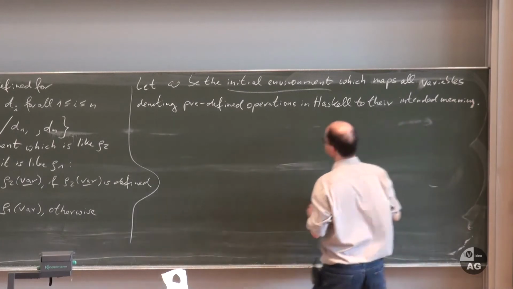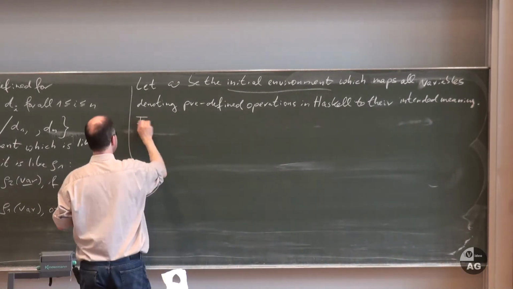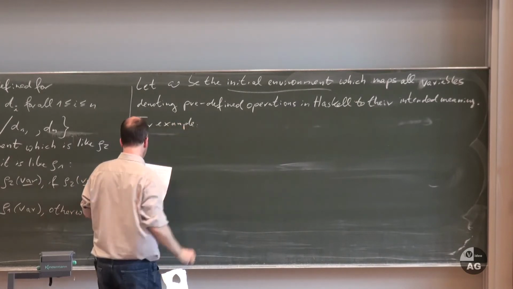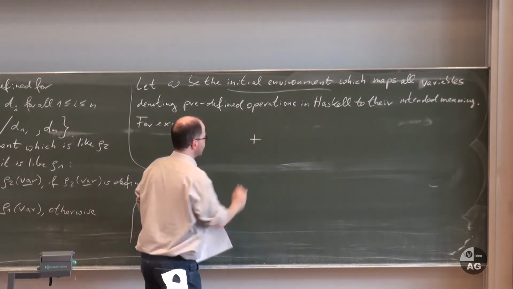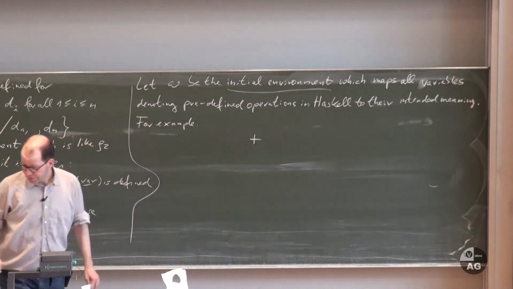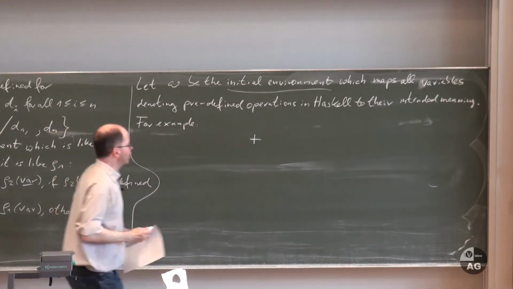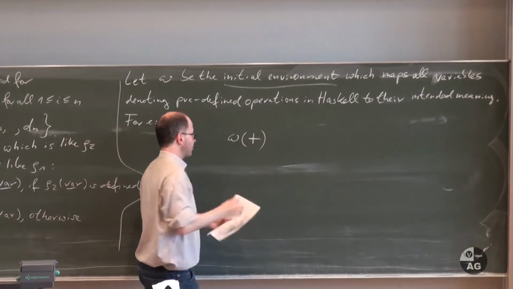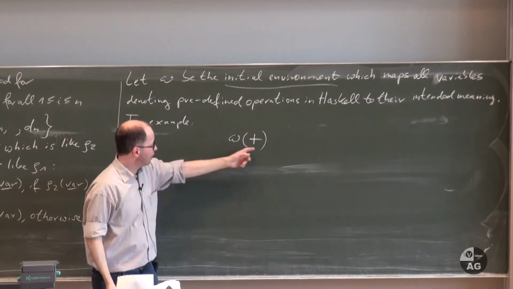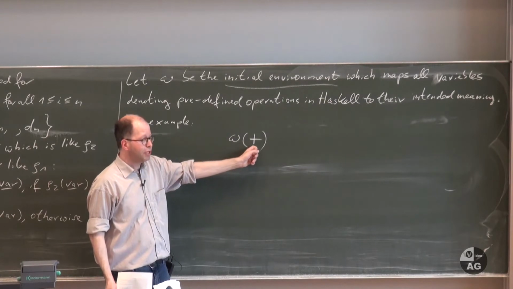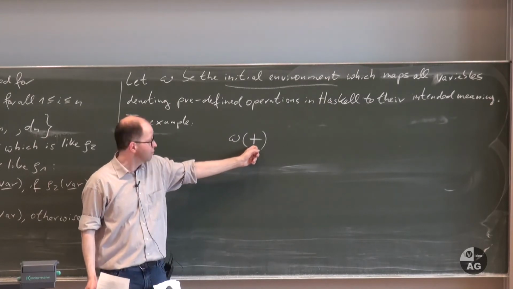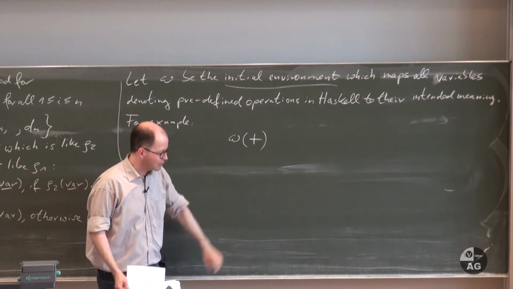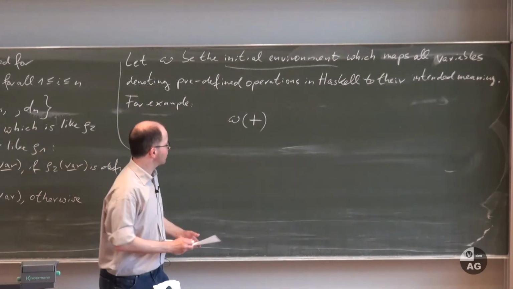So for example, in Haskell, this is a variable, and this variable has a predefined meaning. And therefore, omega already assigns this variable to its predefined meaning. And what is the predefined meaning of this symbol? Well, the predefined meaning of this symbol is addition. So this is mapped to the addition function. So what's the addition function?